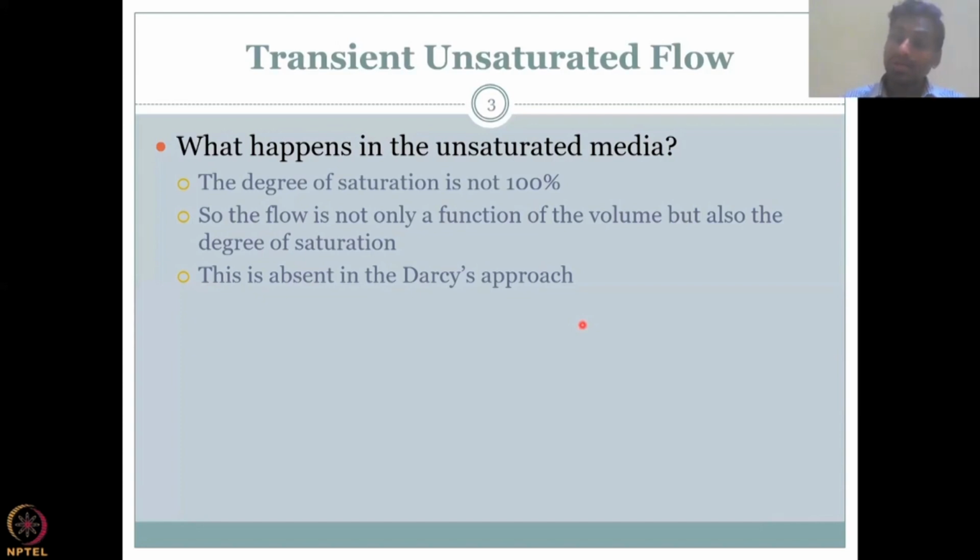What do you mean degree of saturation? As I said, 0 means it's totally dry, fully unsaturated. And then if it is 100%, it's called saturated. In normal real life scenarios, it is normally in between both, and we call it partially saturated.